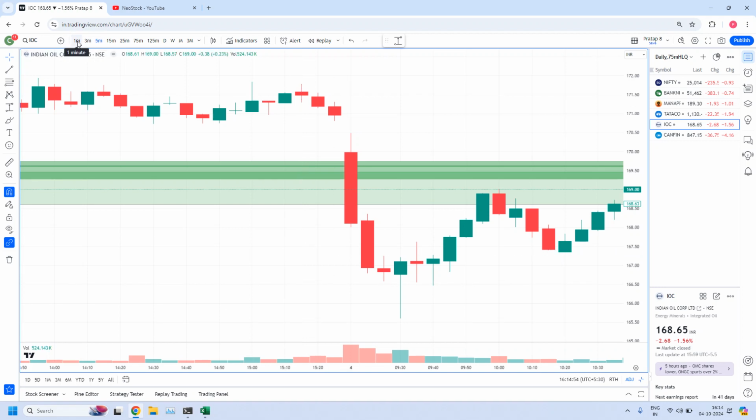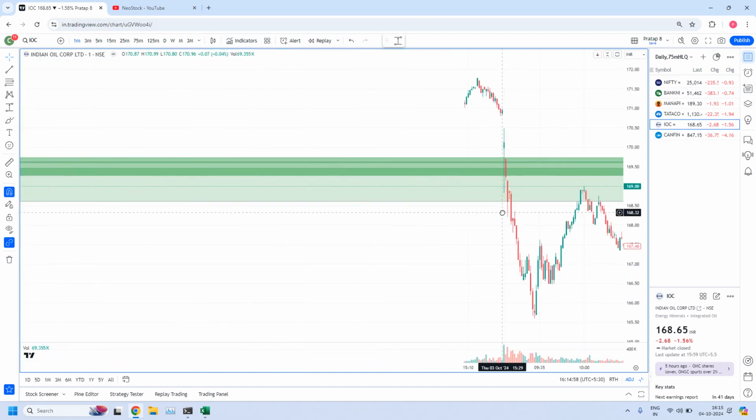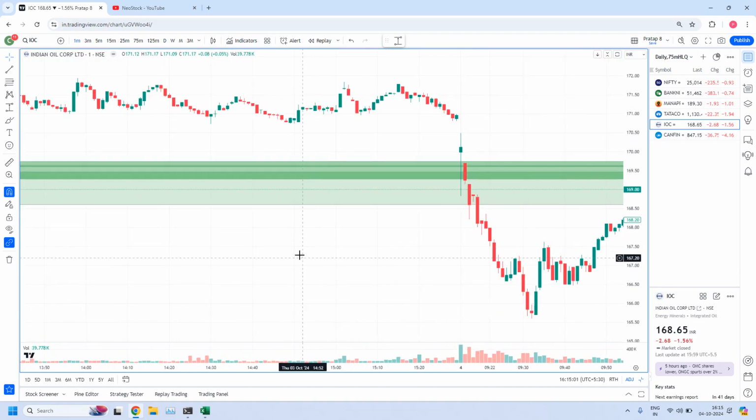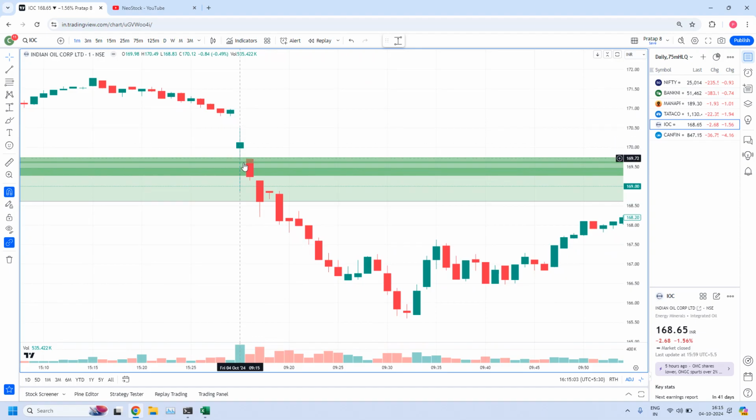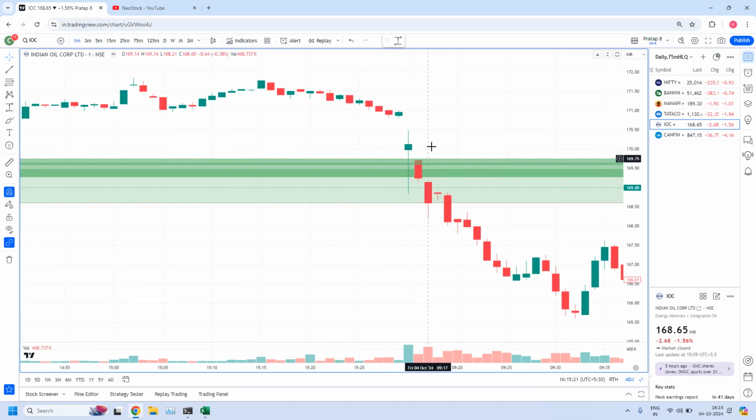I am changing the time frame to 1 minute. See in the 1 minute candle. Mostly we don't take trades in 1 minute because with a gap down many of these zones will be violated. There are higher chances, and if that is the case, we get a lot of losses. That's why once the market starts, many times we plan our trades. But if anybody placed pre-market orders, definitely both these zones might have been violated.